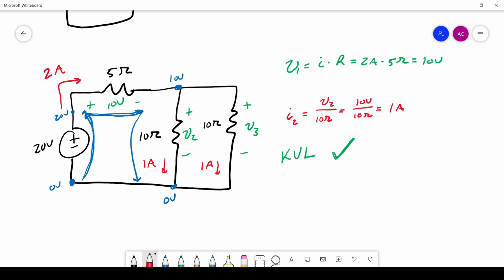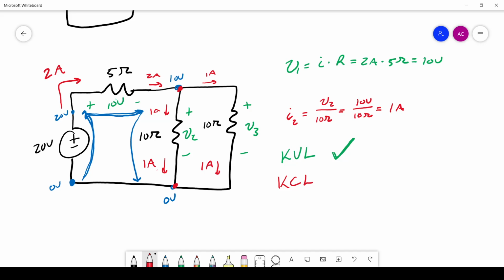Second thing we need to make sure is KCL. I'll use red because it's current. Here is the branch, that red dot. There's 2 branches technically, but we'll look at this first one first. We have 2 amps coming in, 1 amp leaving here, 1 amp leaving here.